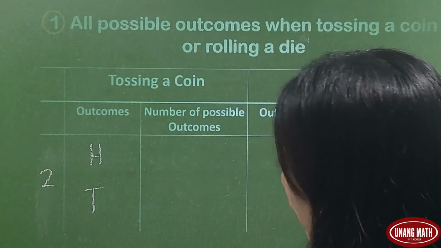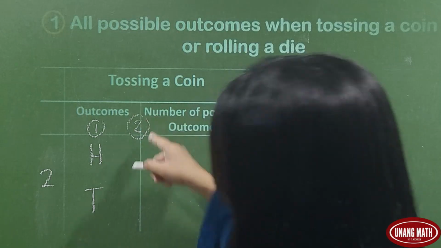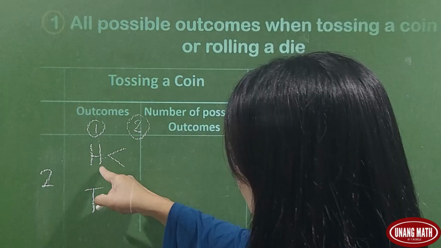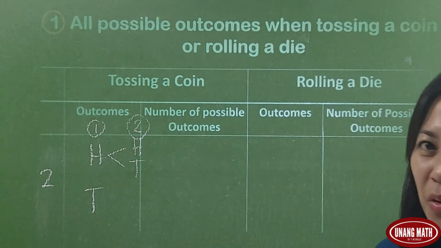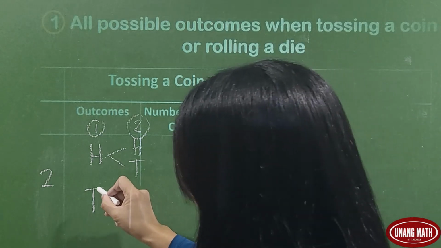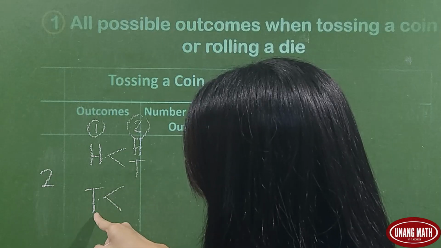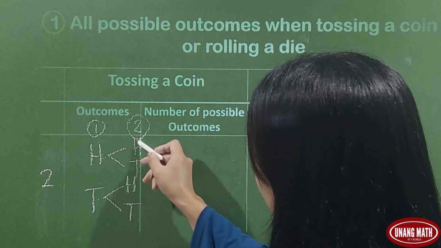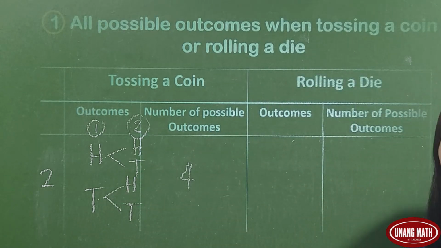This is our first coin, this is our second coin. This coin's face is head. Toss this coin, then outcome can be head or tail. This coin's face is tail, and if we toss this coin, then outcome can be head or tail. So we have here four possible outcomes.